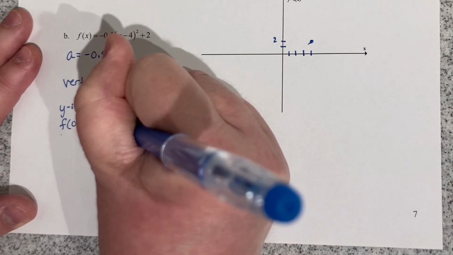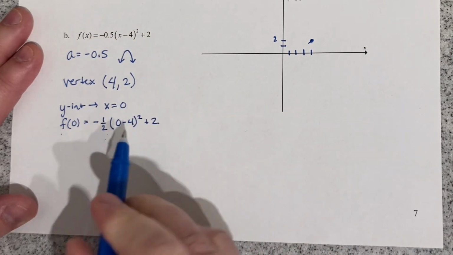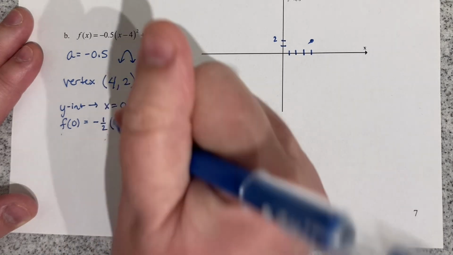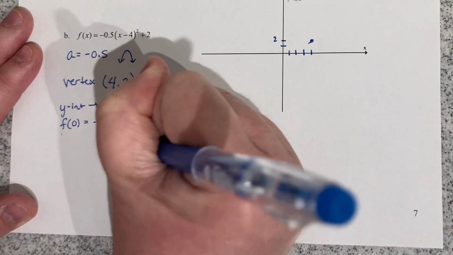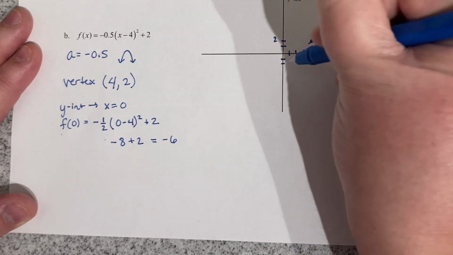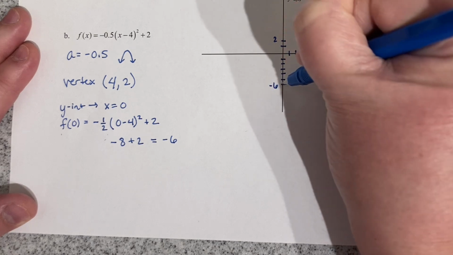So I'm going to write it as a fraction. Then (0 minus 4) squared plus 2. So this is 16. Half of 16 is 8. So that'll be negative 8 plus 2, which is negative 6. So I need to go down 1, 2, 3, 4, 5, 6 to negative 6.